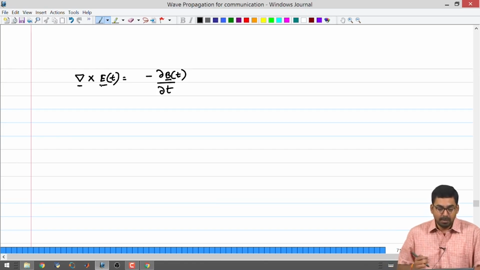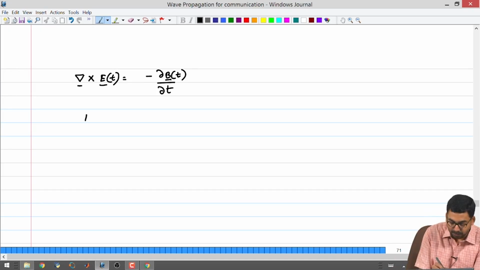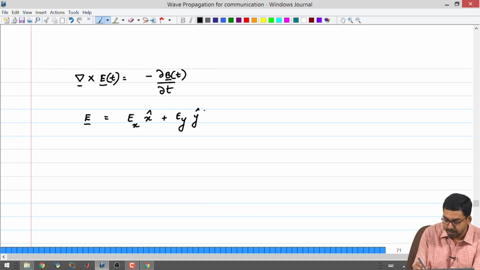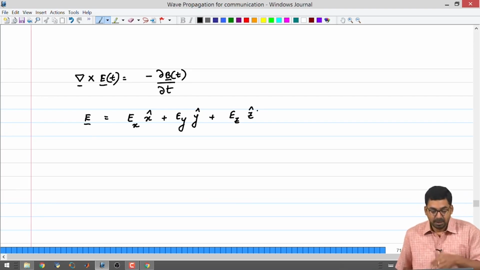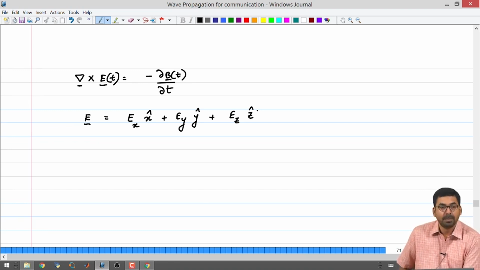Now, in the most generic case, the electric field has components in all Cartesian coordinates, and can be written as a sum, where x, y and z are the unit vectors in the x, y, z Cartesian axes.